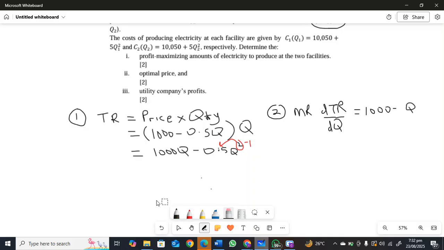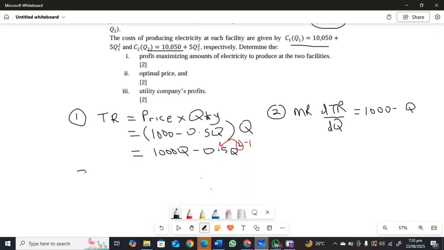After you've got your marginal revenue, now you can come to your marginal cost. We've already got our total cost functions, and these cost functions are identical. So the marginal cost function for the first utility is the marginal cost function for the second utility.